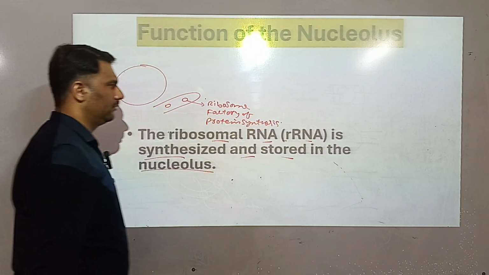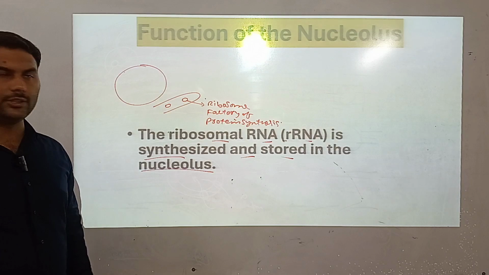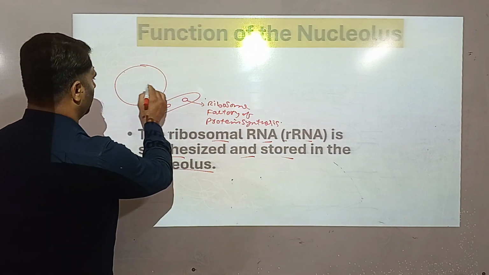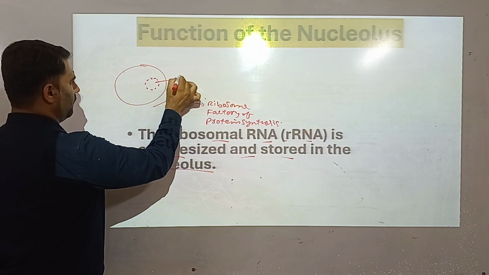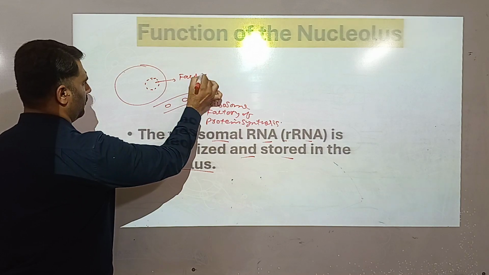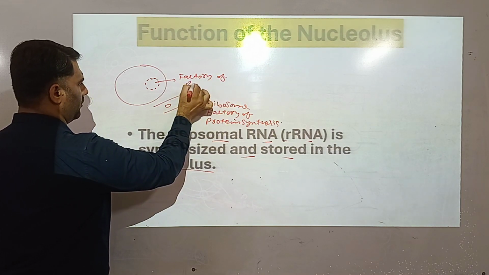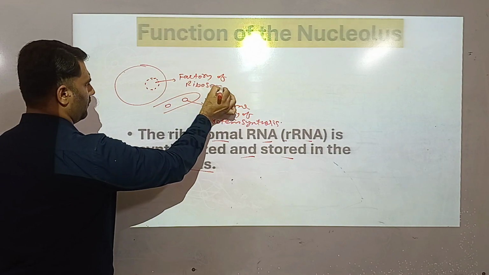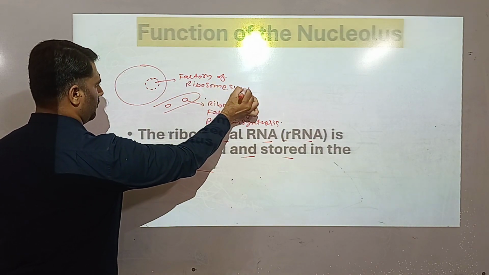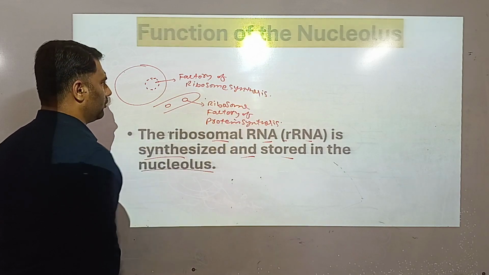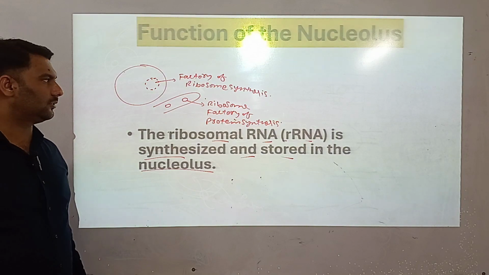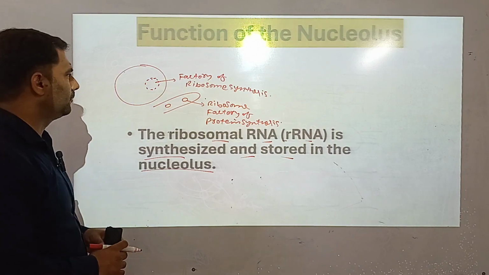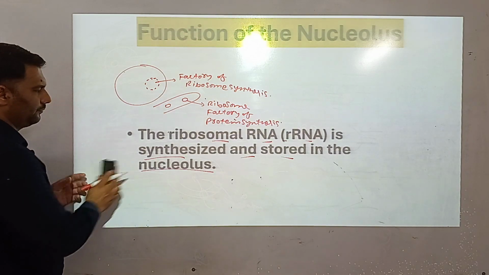So the nucleolus is actually the factory of ribosome synthesis. Ribosomes are made up of ribosomal RNA, and these ribosomes are synthesized by the nucleolus.